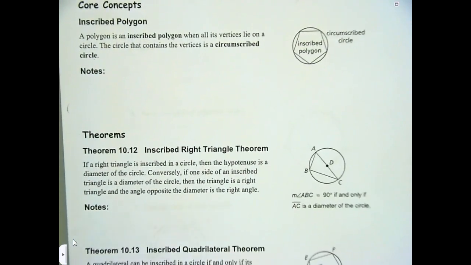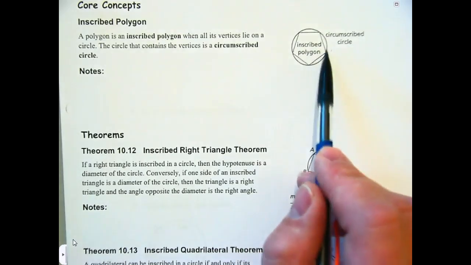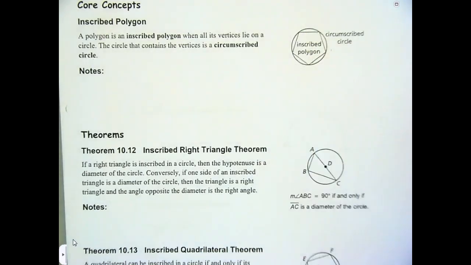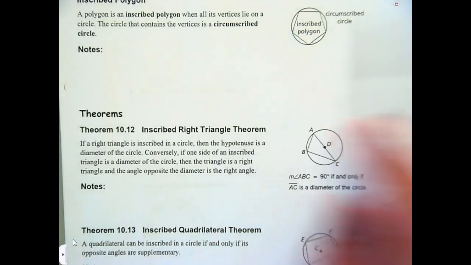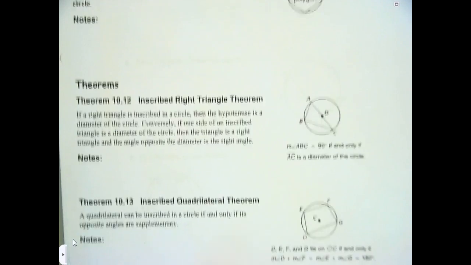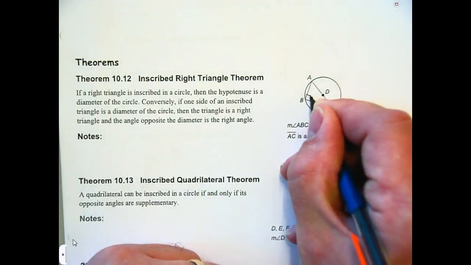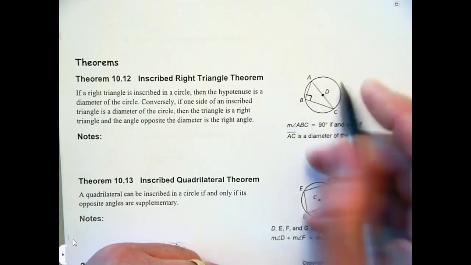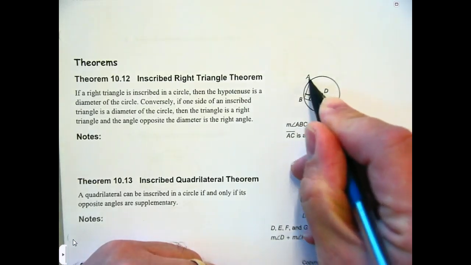Now if I have an inscribed polygon, for instance a triangle in here. First, an inscribed polygon means a polygon formed from all vertices lying on the circle. It's a circumscribed circle where you have an inscribed polygon there. If I have an inscribed polygon and I have a 90-degree angle here, then that means this length right here, AC, must be a diameter.